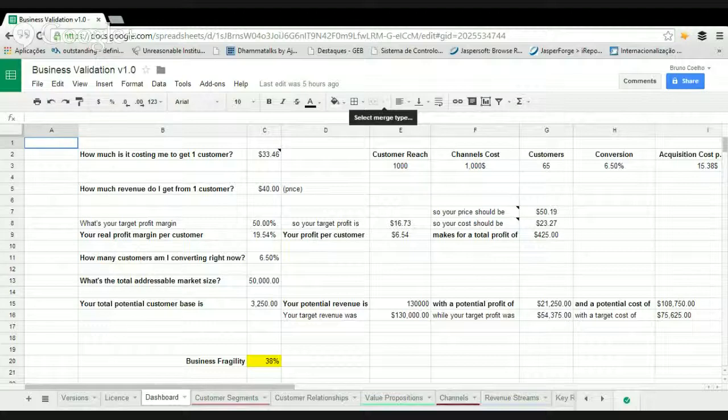This kind of data is really important to understand your profit margins, the customer relationships that you need to establish and how much those relationships would cost you, and how much fragility each of your value propositions adds to your overall business idea.